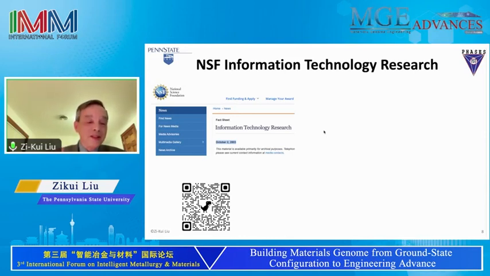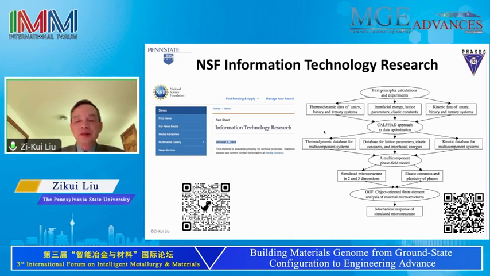That means we are generating data with digitization. We are all about information. Then we developed a program, which NSF supported for multi-million dollars, to integrate first principles to CALPHAD, to phase field, to finite element. Actually in 2001 we got this one, and in 2002 we started this project, a 5-year project.